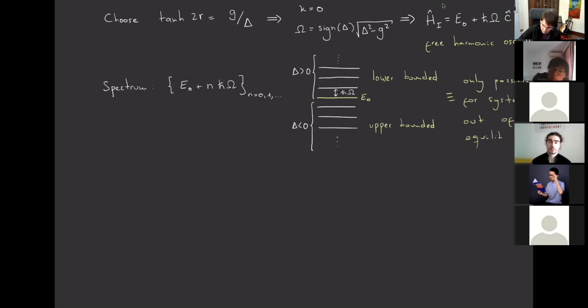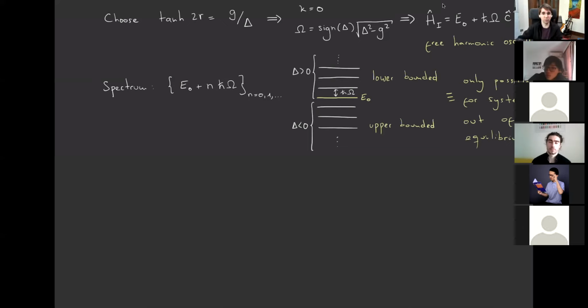When I say out of equilibrium, what I mean is that you have your system, which in our case is just the down-converted mode, which in the absence of anything is just a harmonic oscillator that is lower bounded and very happy staying there. But then you apply something that provides energy and brings it out of equilibrium. This could be an interaction with a system like the pump mode.